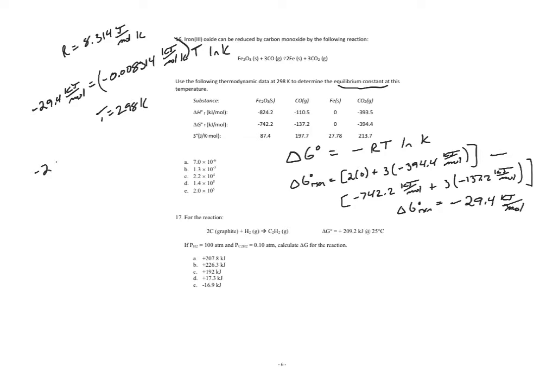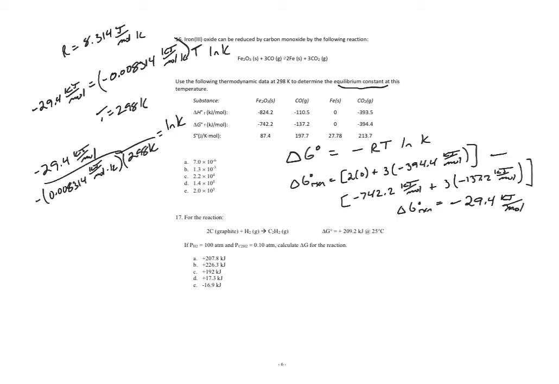So now we can do this division. 29.4 kilojoules per mole will be divided by negative 0.008314 kilojoules per mole Kelvin times 298 Kelvin, and that's equal to the natural log of K.